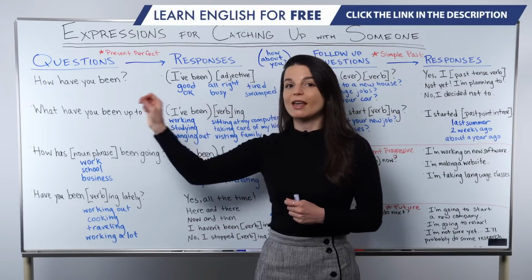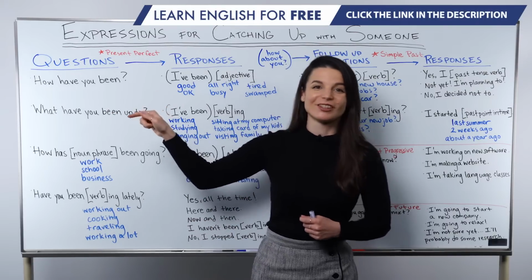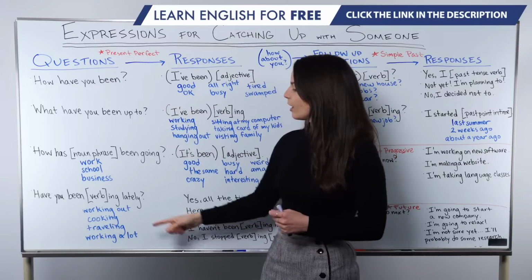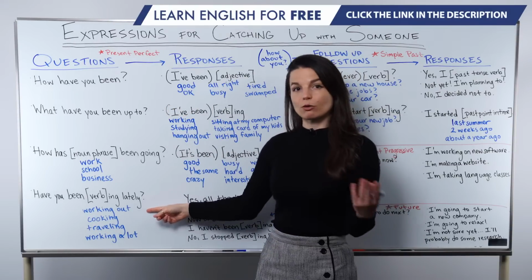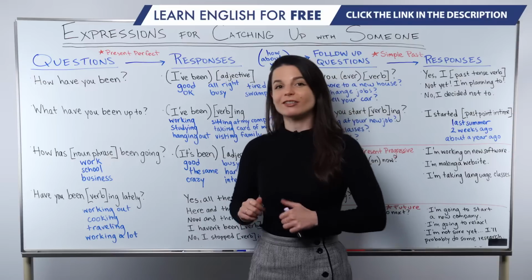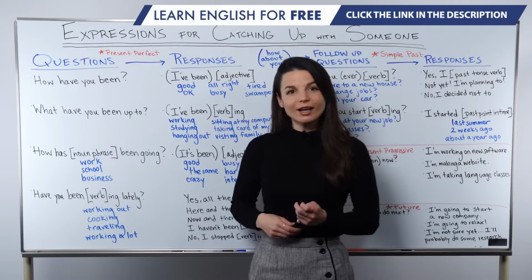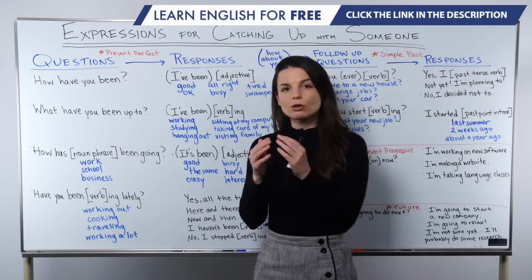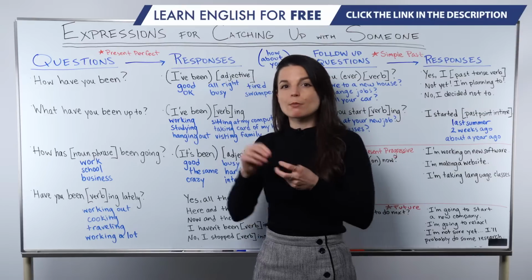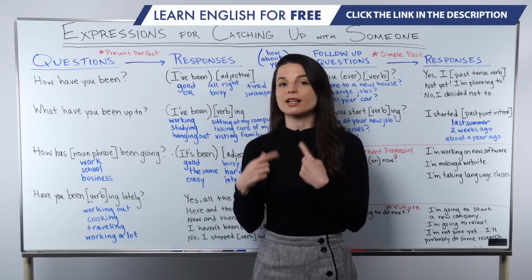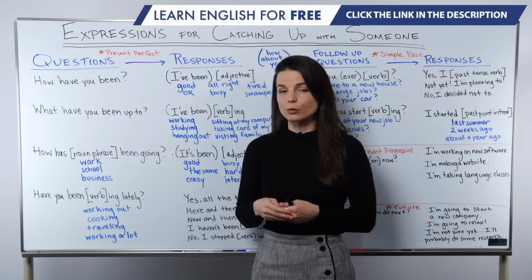Have you been doing that thing I know that you used to do lately? For example, have you been working out lately? Have you been cooking lately? Have you been traveling lately? Have you been working a lot lately? And so on. So you can use these little key points you remember from the last conversation and ask if they are still doing those things.